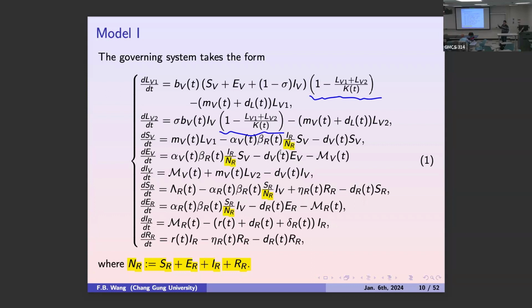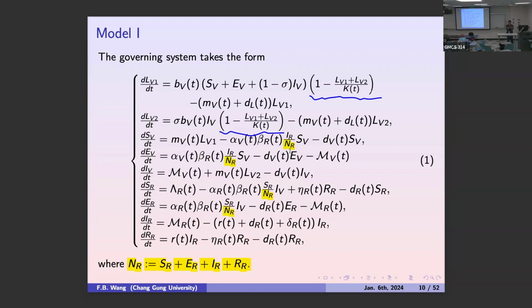Biologically, introducing this term is more reasonable, and you need NR in both of them because when a mosquito infects a bird, the mosquito bites. But when a mosquito gets infected, it's still the mosquito that bites. The bird does not bite the mosquito. So that's why you still have NR. That's the mathematical way of expressing it, and it is biologically correct.